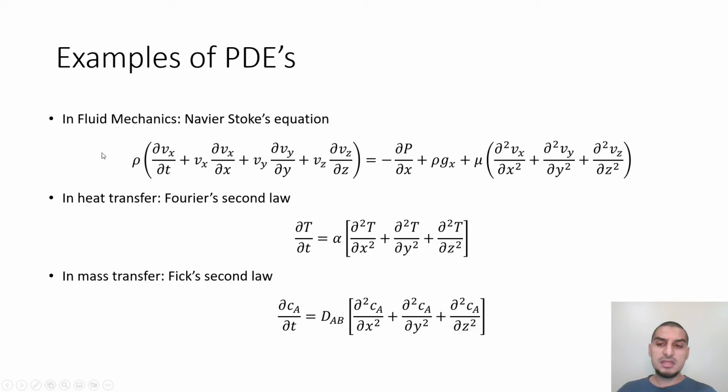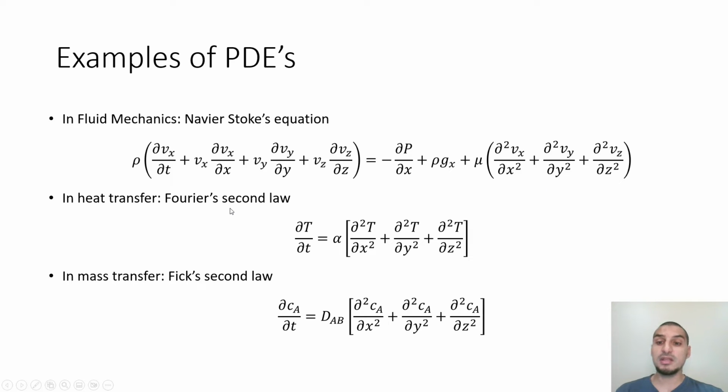This is the general form of the equation, where the Bernoulli equation is considered one of its special cases. Here you would see the change of the velocity with respect to time, with respect to x, y, and z, and the second derivative of velocity with respect to x, y, and z as well. So this is one type of equation.